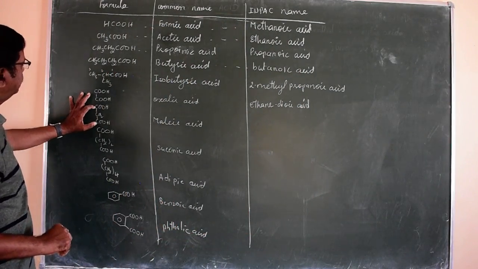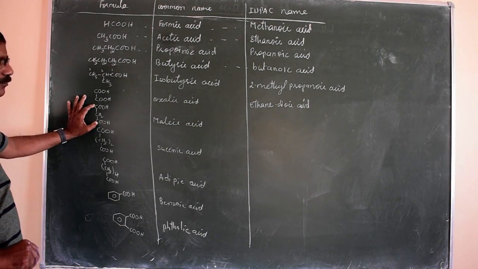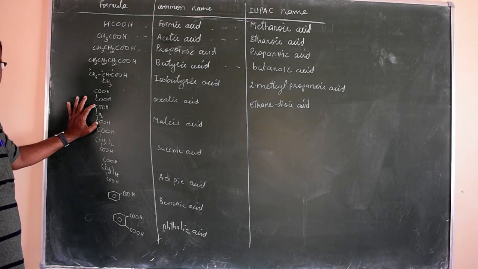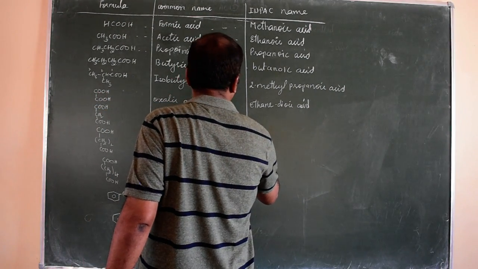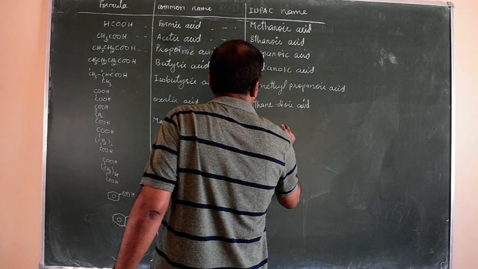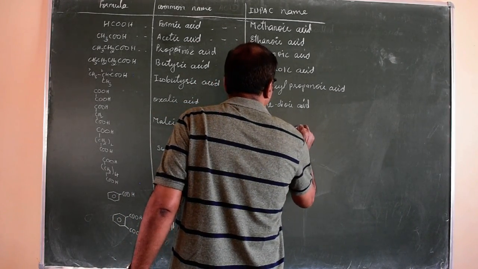And this one is propane dioic acid. So there must be a COOH group on the terminal carbon, no need to number 1, 2, 3. So it is propane dioic acid.